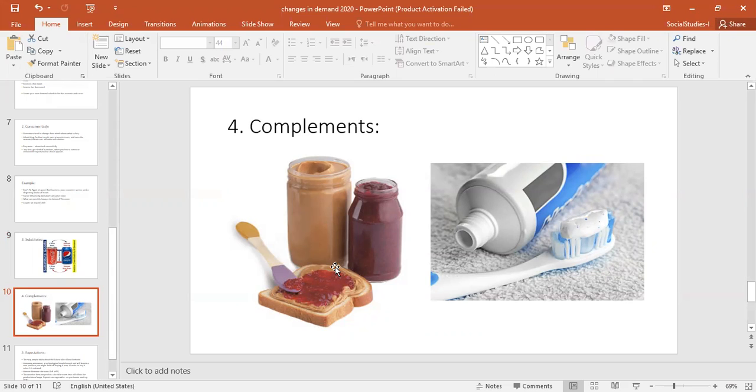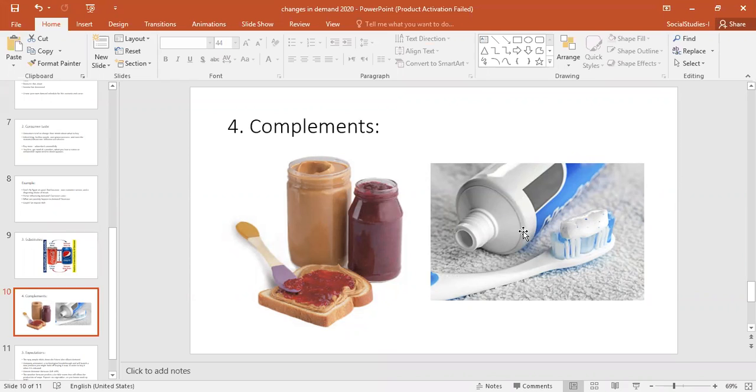Here, our complement goods are the toothpaste and the toothbrush. You're not going to be able to really use a toothbrush without putting some paste on it, and you're not going to be able to use the toothpaste without having a brush. So they're complements.